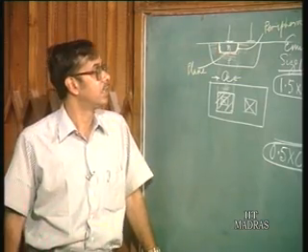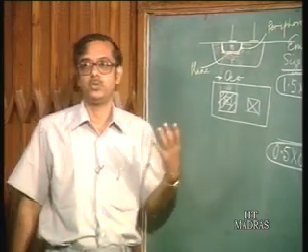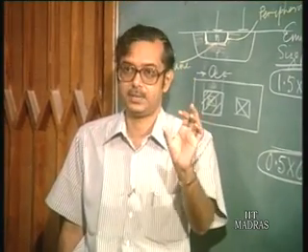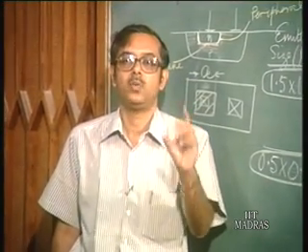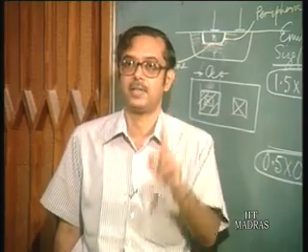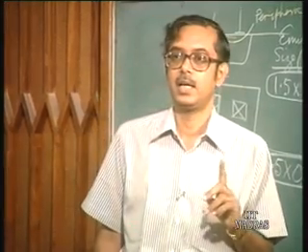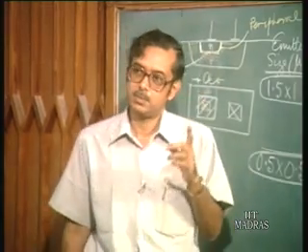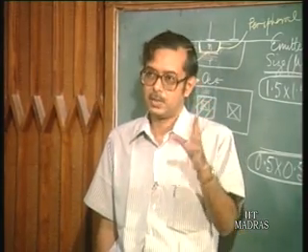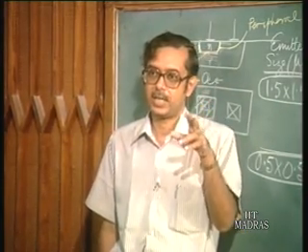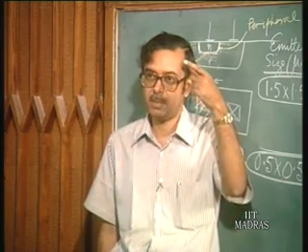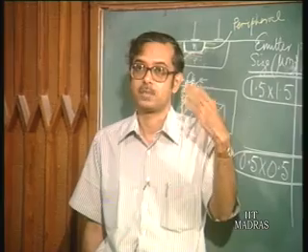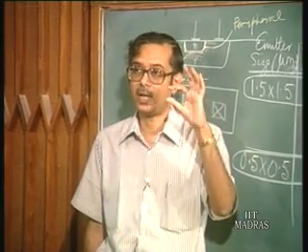So, now this junction depth has to be reduced. Now, what happens if you reduce the emitter junction depth or the emitter width? We have seen a relation for the beta of a transistor, and we have also seen that the beta is proportional to, among other things, the ratio of the emitter width to the base width. For higher beta, you require reduced base width.